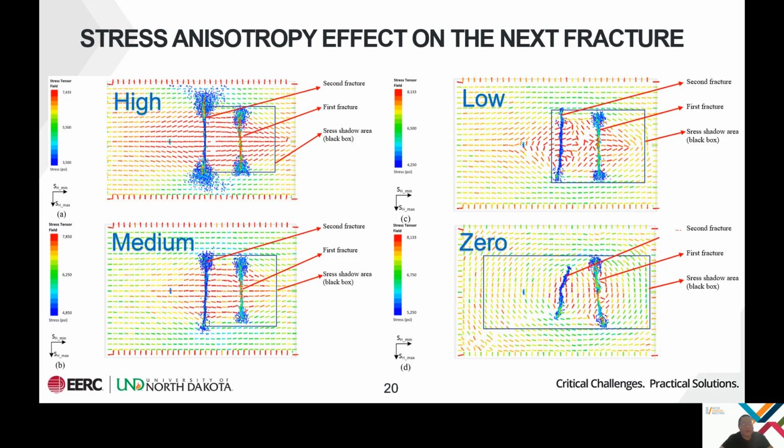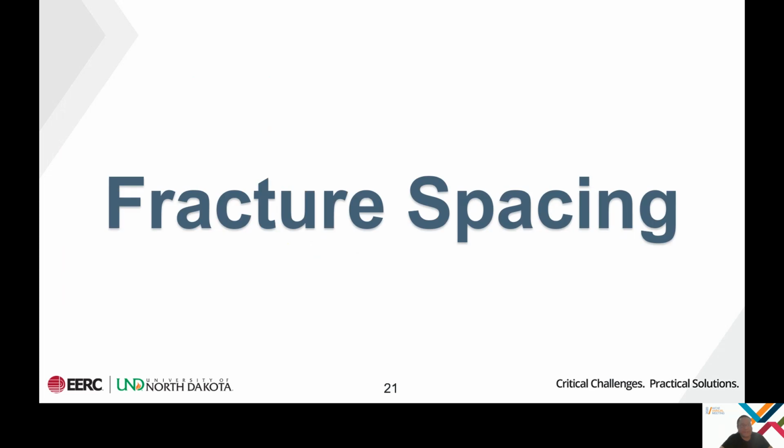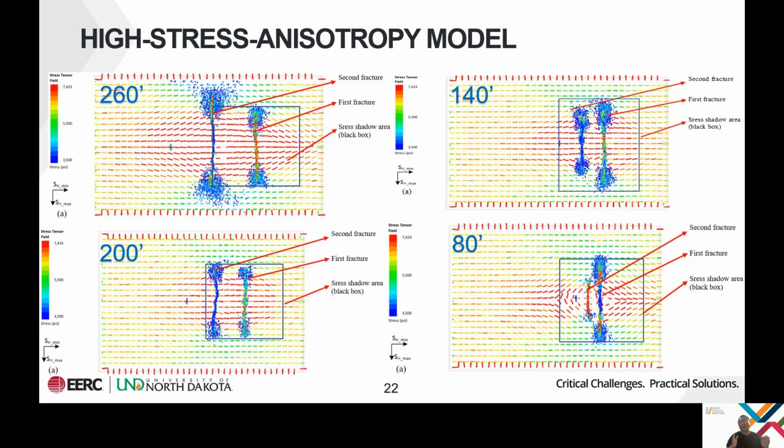So how do we overcome the stress shadow? We can play with the fracture spacing because we want to grow the fracture as long as possible, but we want to get the optimum spacing between one fracture and another. So this is the high stress anisotropy model. We play with 260, 200, 140, and 80 feet. When we have 260 feet, it's far enough.